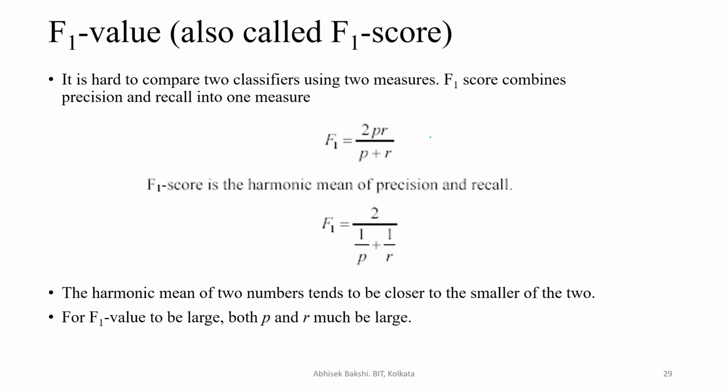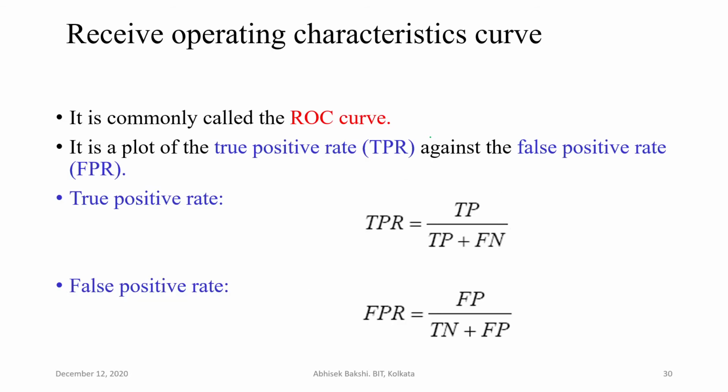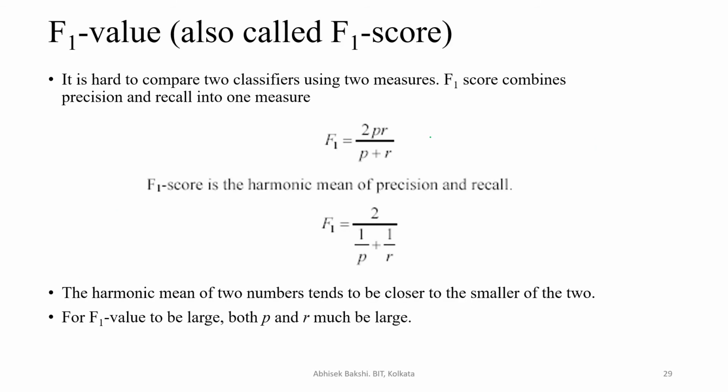Now why precision and recall? Because ultimately another score is coming, that is the F1 score. This F1 score takes precision and recall as parameters, and with this F1 score we can identify how good the model is.